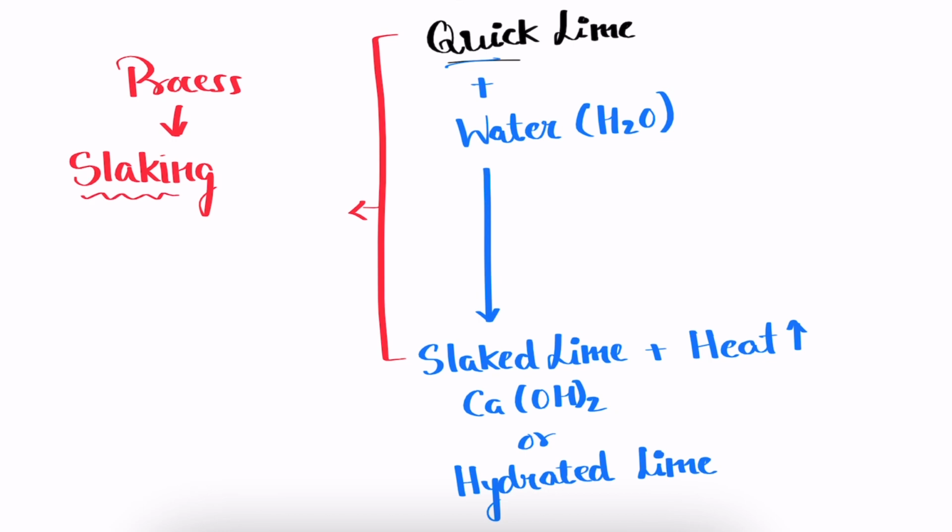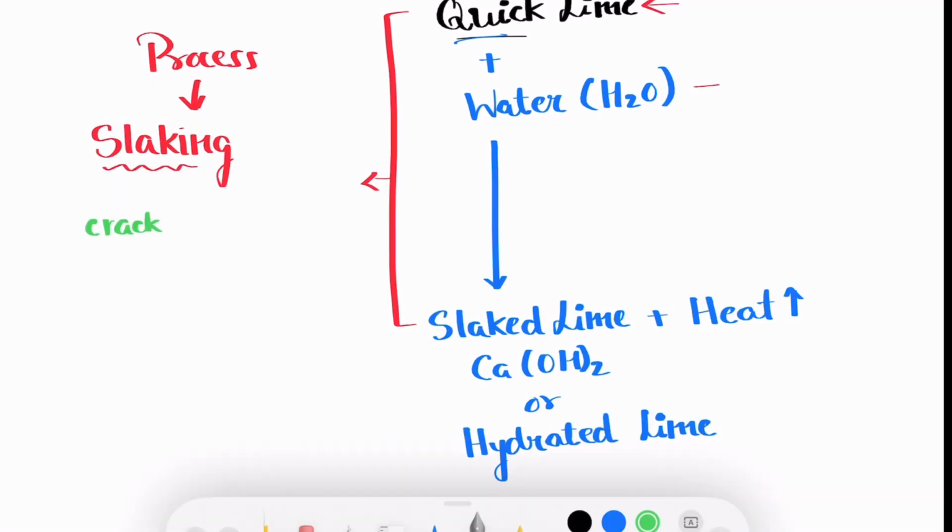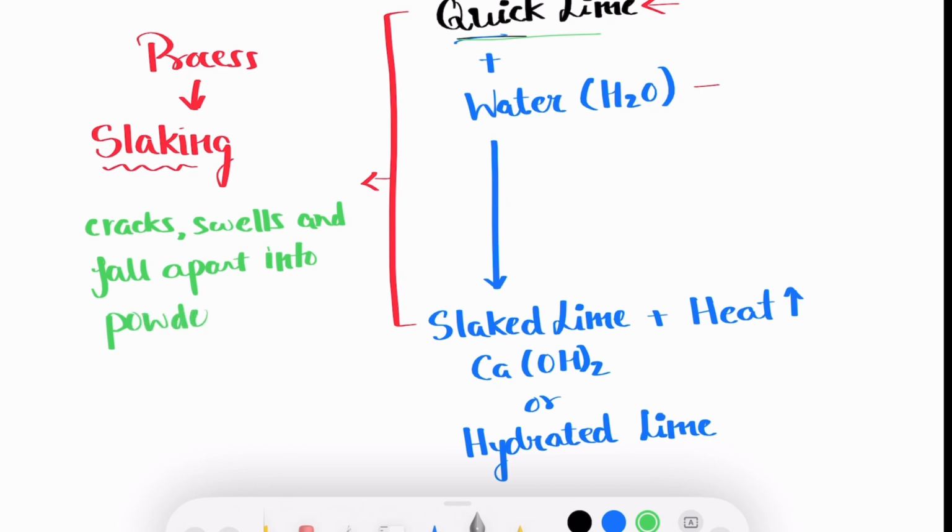So basically what happens is, upon addition of water, the quicklime cracks, swells, and falls apart into powder form, and the result is this slaked lime.